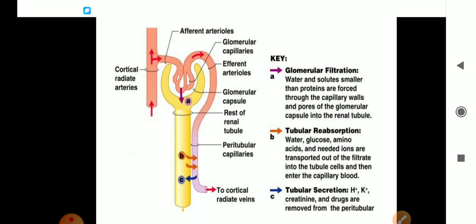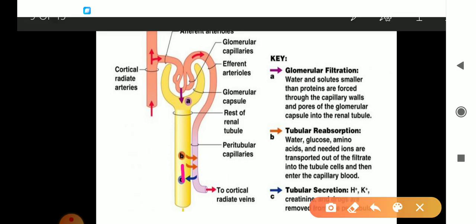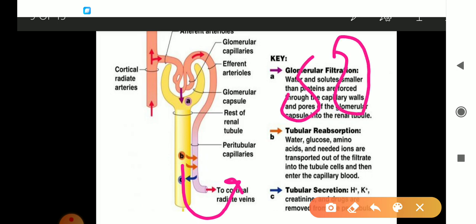From the kidney, through the ureter, it is carried to the bladder, where it is stored for some time in the urinary bladder, then passed out of the body through the urethra.